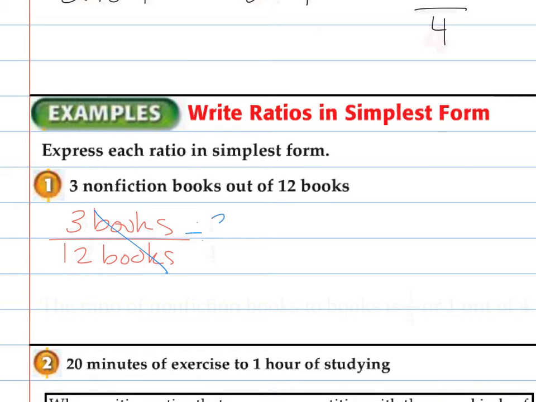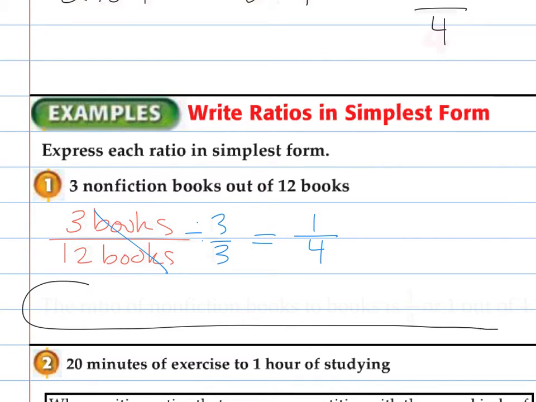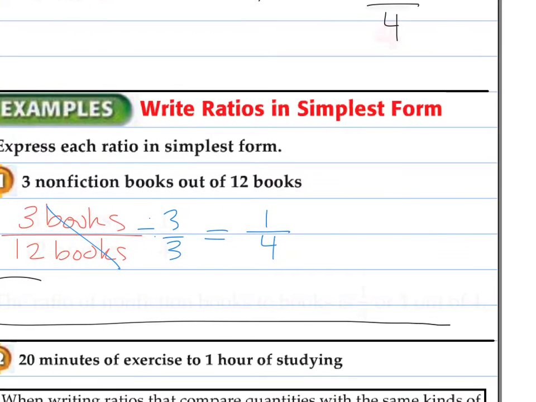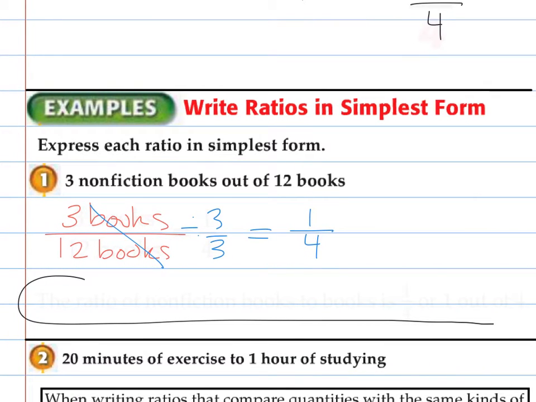These both share a factor of 3. So it's really 1 over 4. I can rewrite it: the ratio of nonfiction books to books is 1/4 or 1 out of 4. So if I were to pick up a book on a shelf, I'd have a 1 out of 4 chance that it's a nonfiction book.